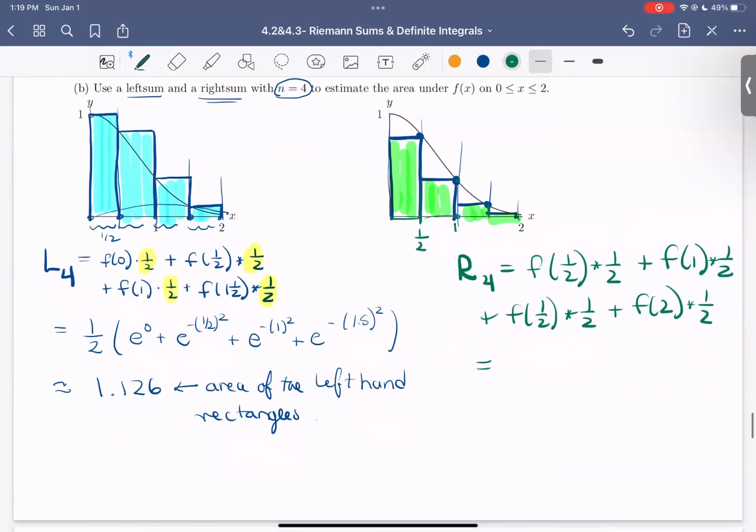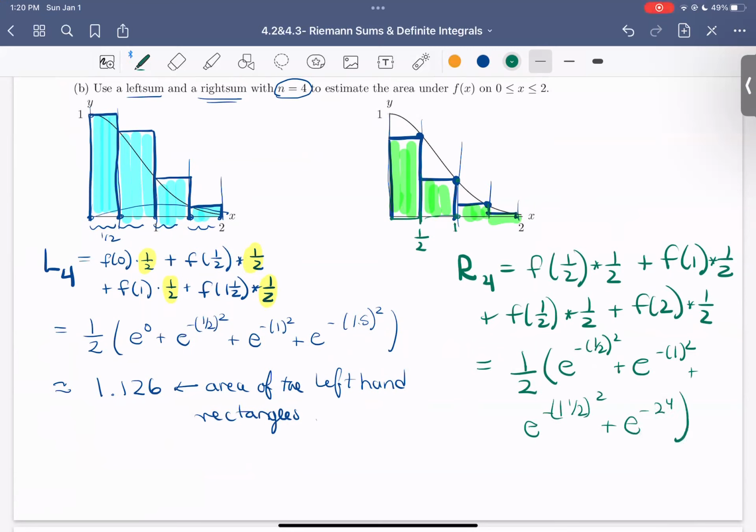So similar to the previous problem, we can factor out a 1/2 and then just compute those heights. So we get e to the negative 1/2 squared plus e to the negative 1 squared plus, let me continue down here, e to the negative 1.5 squared plus e to the negative 2 squared.